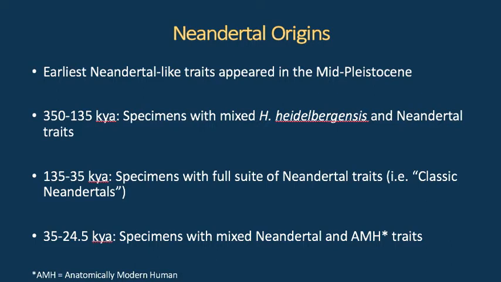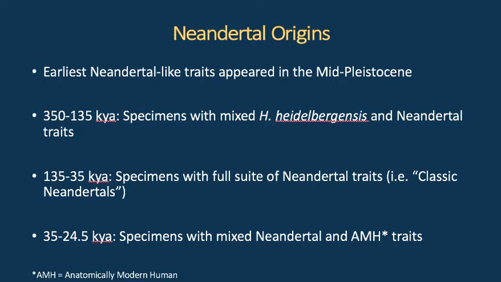We have a gradual accumulation of these traits over time during this period, 350 to 135. From 135 to 35, we have specimens that have the full suite of classic Neanderthal traits. Those are listed later in the slide set. And then after 35, we have about a 10,000 year period where we have specimens that look like hybrids between Neanderthals and modern humans, which is exactly what they are.